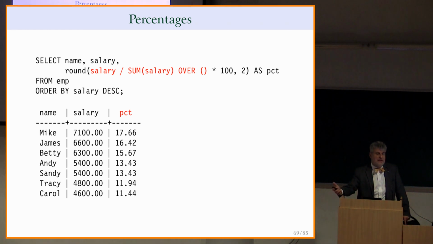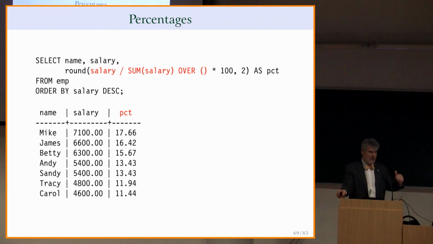That gives some use to that sum. It's a great use of window functions, because I still have my 7 employees. I didn't lose the distinctiveness of the employees. I allowed each employee to be compared against the total of all of the employees in that set.